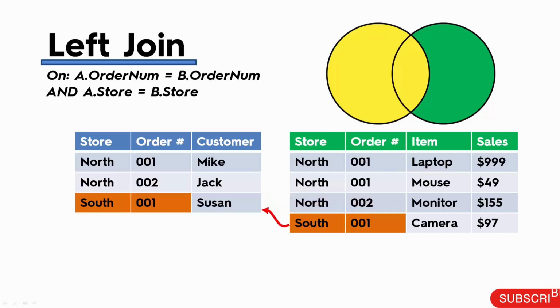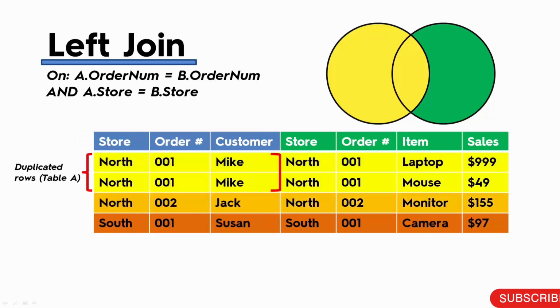And finally, the Southern number 1 order is matched to only 1 row in the second table because there's only 1 row that contains both the word South and the number 1 for the order, and that is the camera that Susan bought. So now if we perform that join, then the final resulting table will look like this.